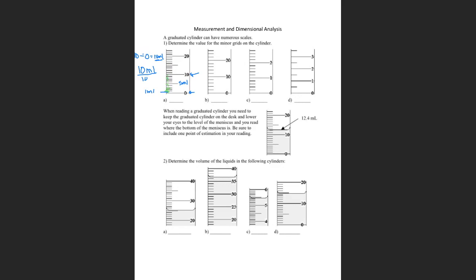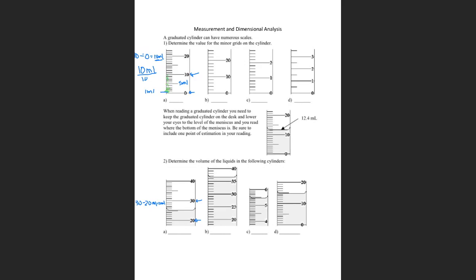Let me zoom in a little bit more so we can see right here. For this one, again, let me mark. This is 20, and this right here is 30. So the gap between these two is 30 milliliters minus 20 milliliters. And that gives us what? 10 milliliters.